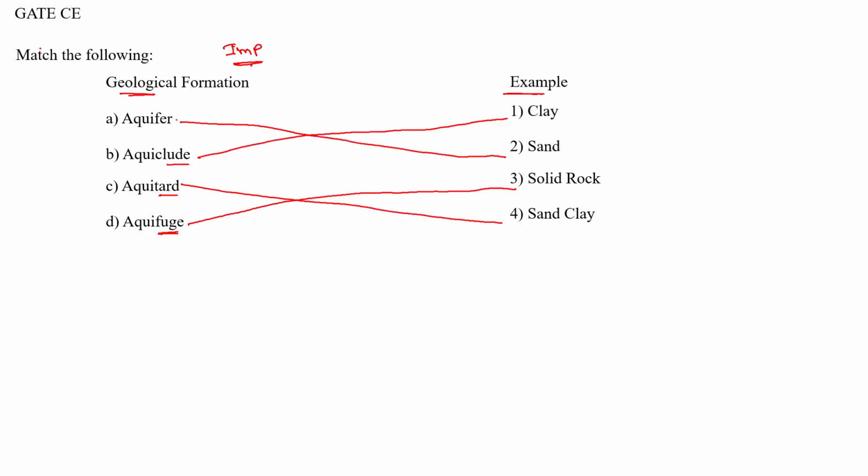Sir, actually, we got confusion in this. Any shortcut to remember what is what? Okay. Fuge: no storage, I already told, no storage, no percolation. Like in this way you remember. Fuge, no storage, no percolation.